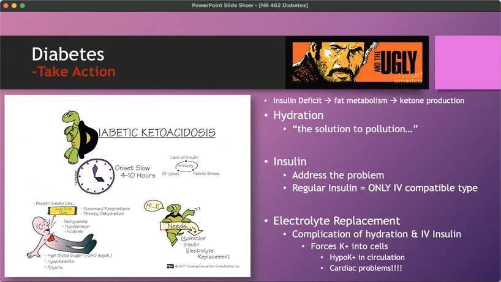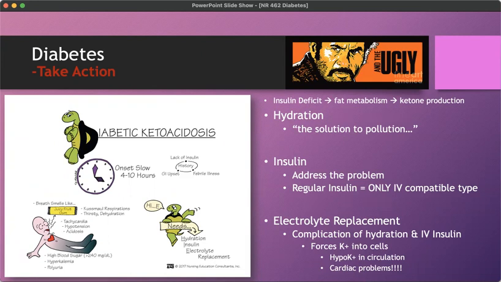We can't just volume overload people to fix this problem. We need to actually bind the glucose in circulation and get rid of it. The other thing that happens is when we give IV insulin, that forces intravascular potassium into the cells. So it causes a shift of potassium out of circulation, which makes patients hypokalemic.